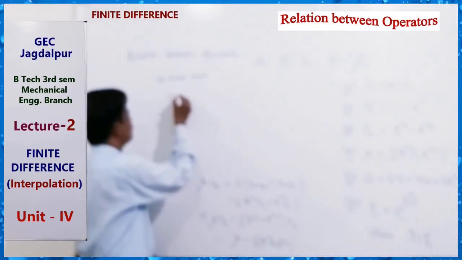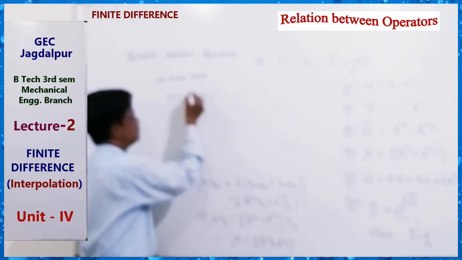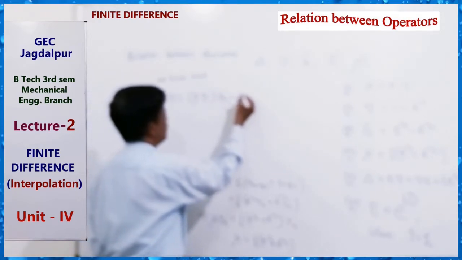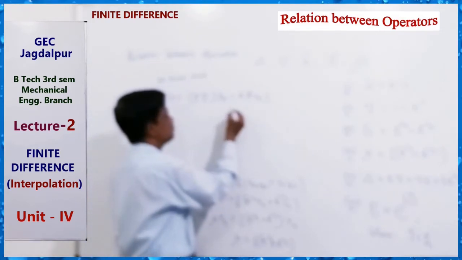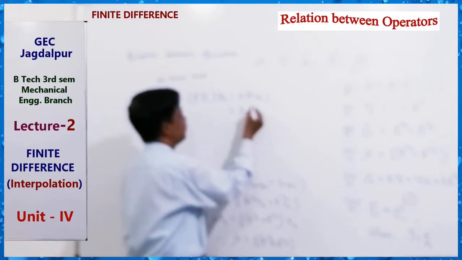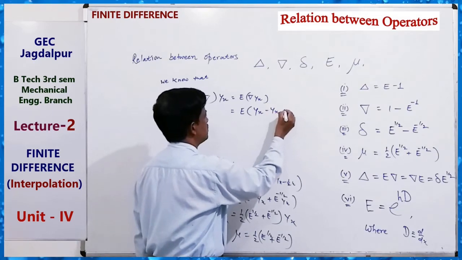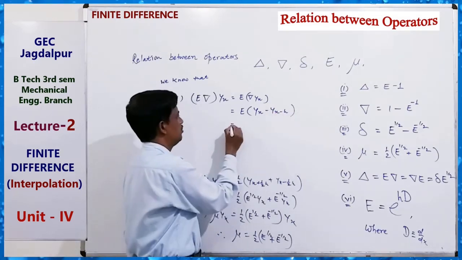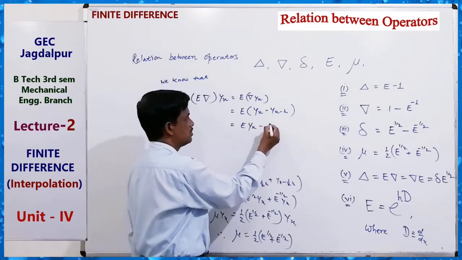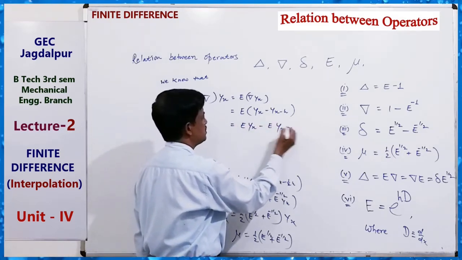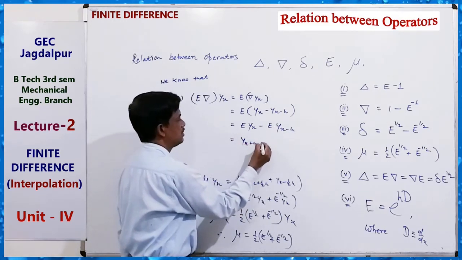So fifth: E backward Δ. This is an operator on yx. We just have to apply E backward Δ yx. Clear? E backward Δ means E of (yx minus y(x minus h)). Just distribute it: E yx minus E y(x minus h).